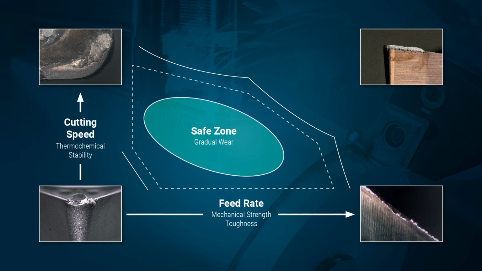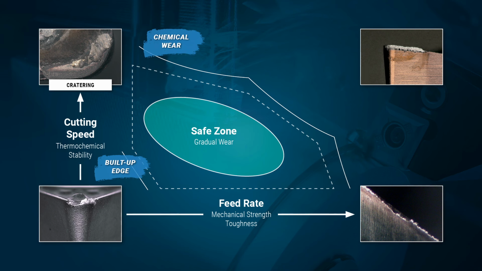As we work around these axes, we can see, for example, material adhesion shows us very low cutting speed and very low feed rates, which basically means we've given the material enough time and enough heat to weld to our cutting tools. As we move to the top end of the cutting speed axis, or vertical axis, we can see we've got very high speed, very low feed rate, the main issue behind cratering.